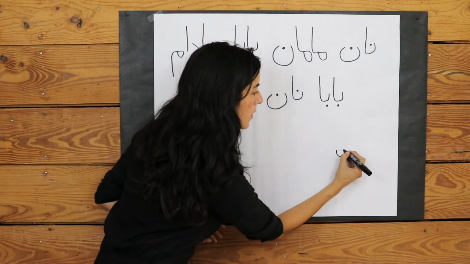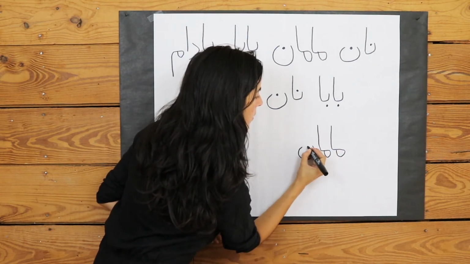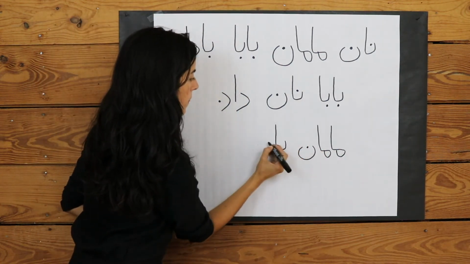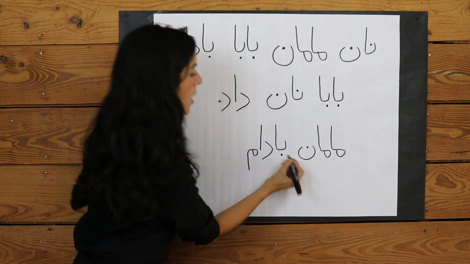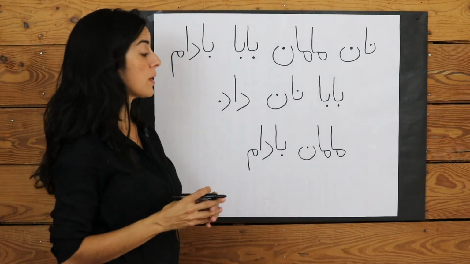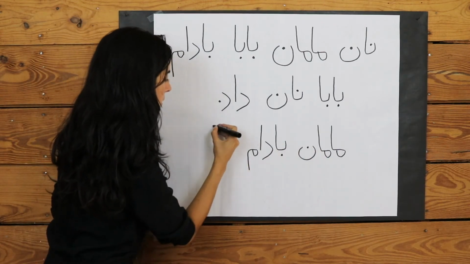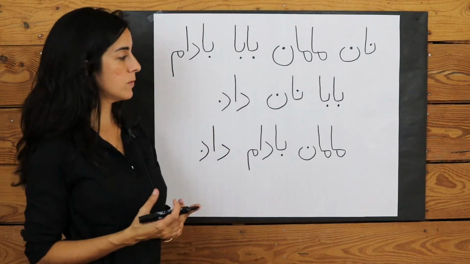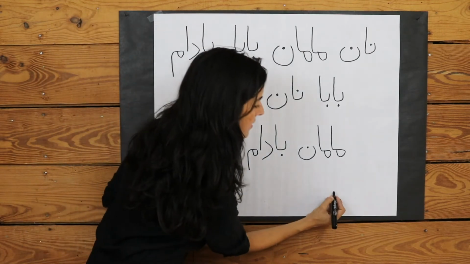Next, maman, badam. And if you remember that word from the last page, that means almond. So mother, almond, and you might guess this last word. Dad, gave. So mother, almond, gave. Mom gave almonds.